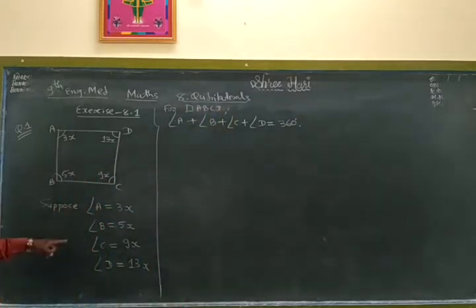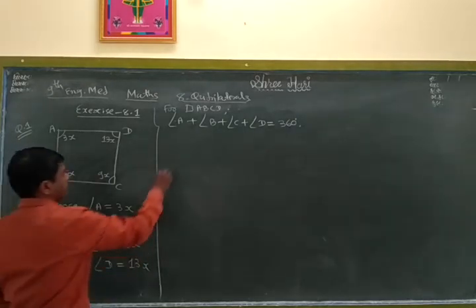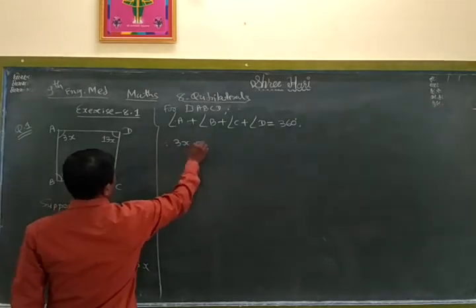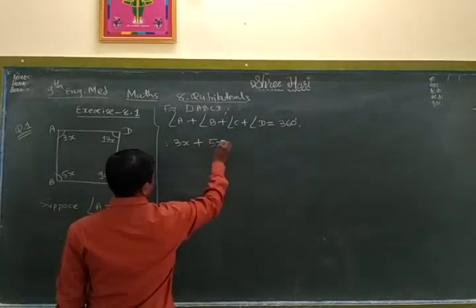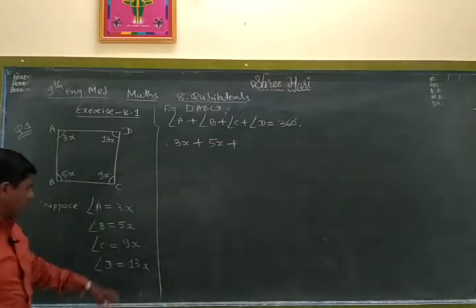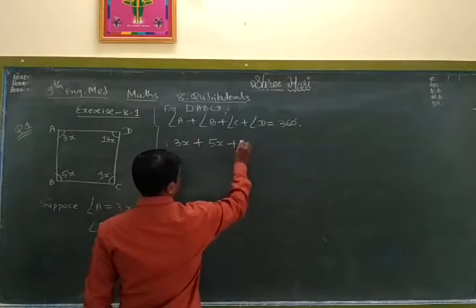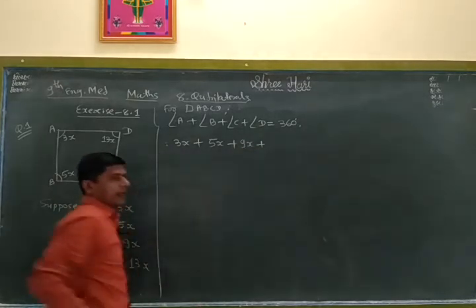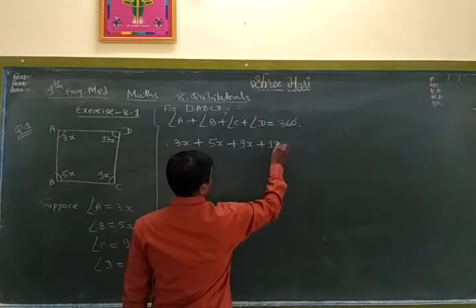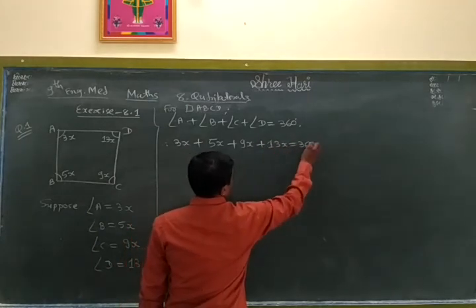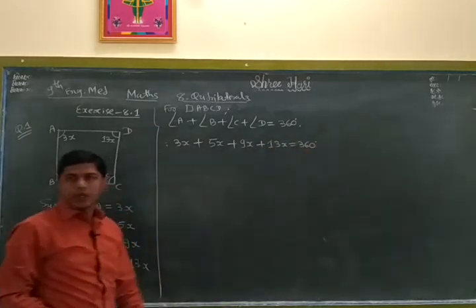Angle A is 3x, B is 5x, C is 9x and D is 13x, equal to 360.